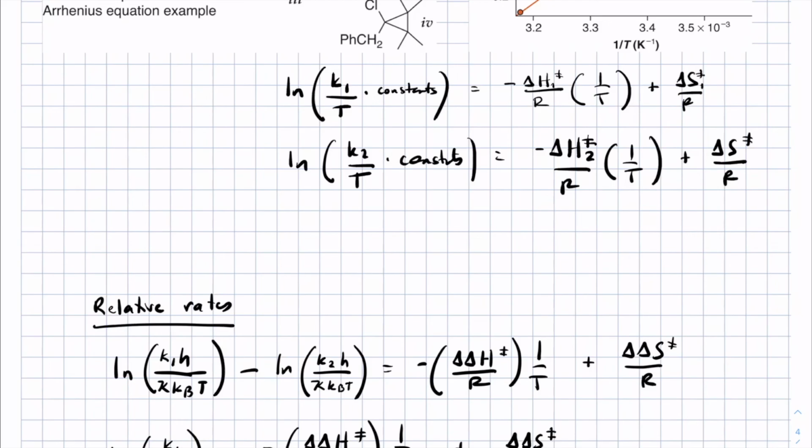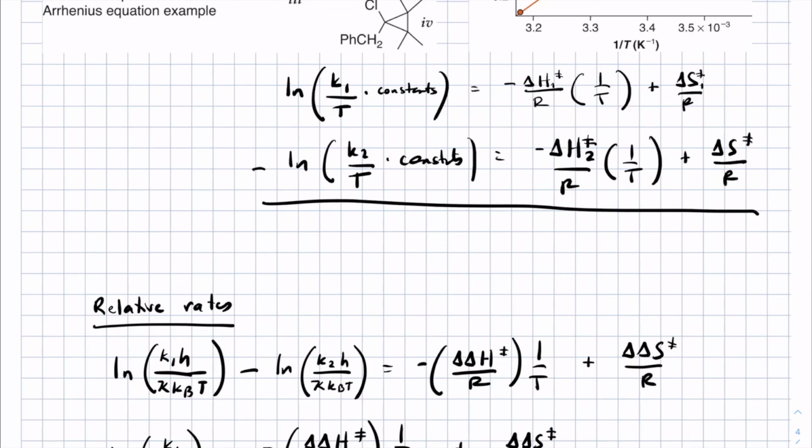And now I'm going to subtract these two equations. So on the left-hand side, we have the natural log of rate constant 1 over T times constants minus natural log of rate constant 2 over T times constants.